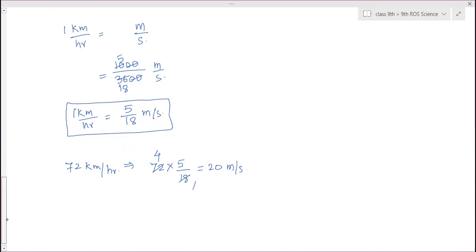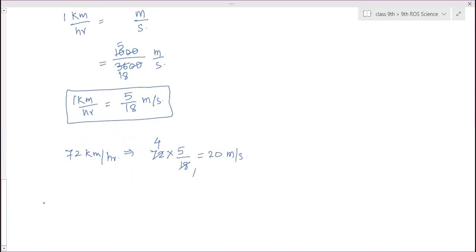Most of the questions with equations of motion, where the kilometer per hour value is given in the question, we have to convert into meter per second. And sometimes we calculate meter per second values and they ask the speed in terms of kilometer per hour. So we need to do that conversion also.